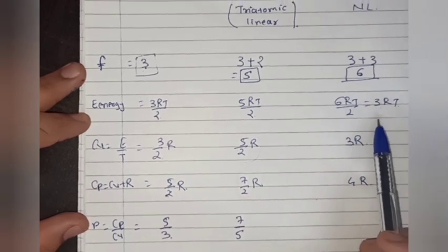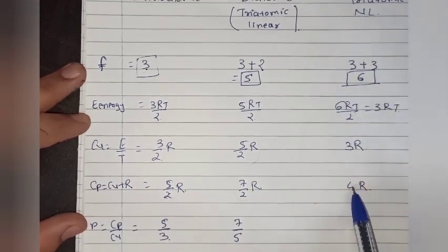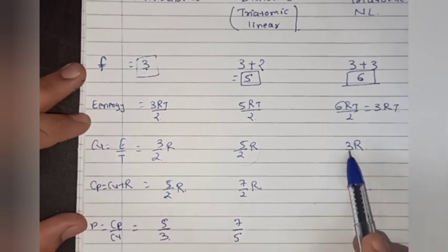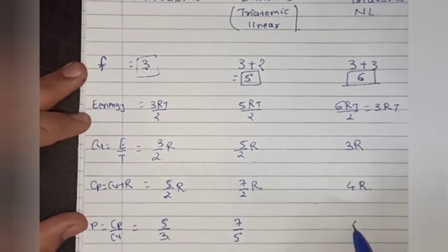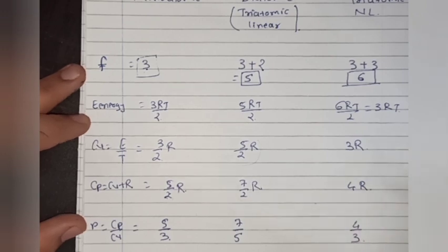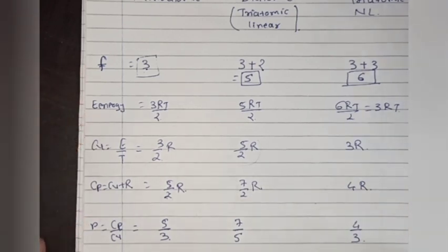For triatomic non-linear, Cp is 4R, Cv is 3R. So 4R divided by 3R, that will be 4 by 3. All these things can be derived if you just remember the concept of degree of freedom.